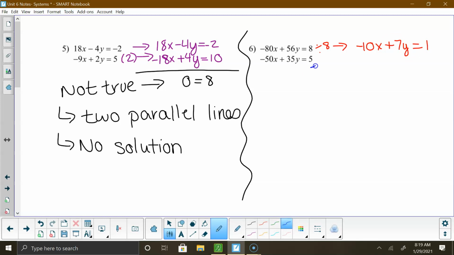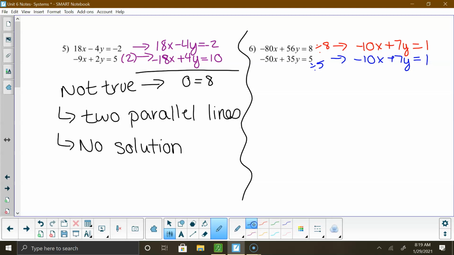And what would I divide the second equation by? 5. See how when I divide them, they're the exact same thing.